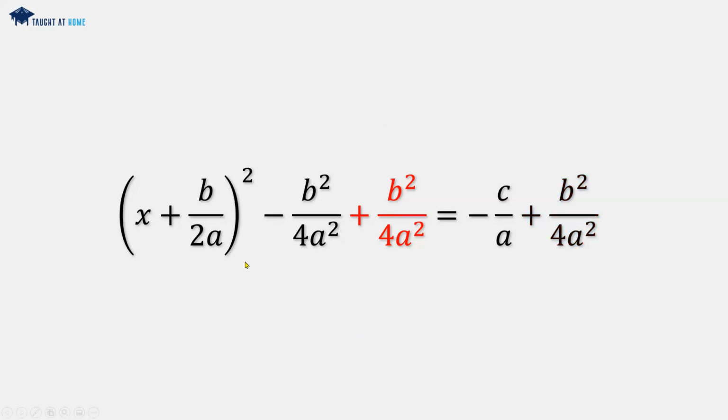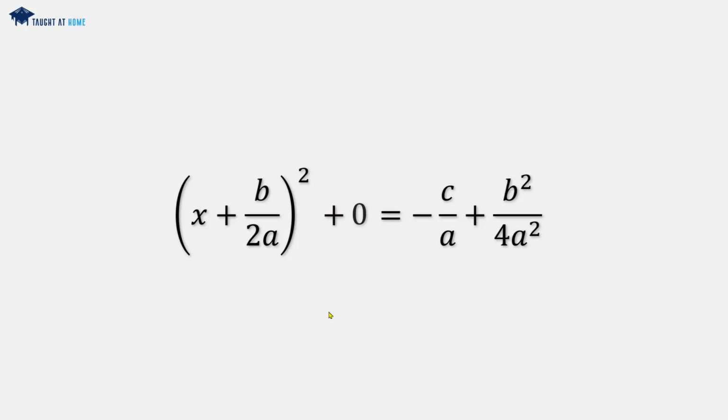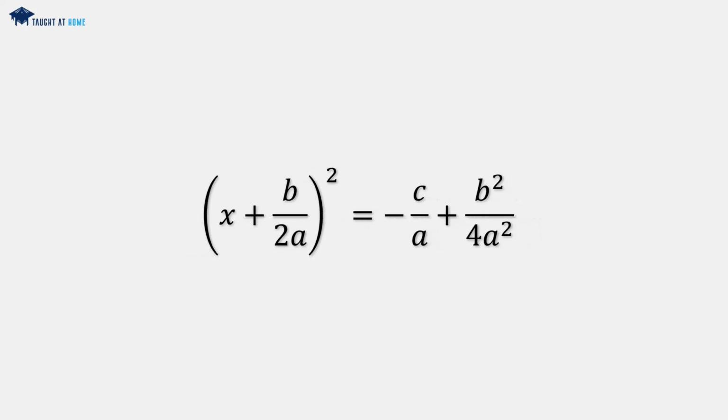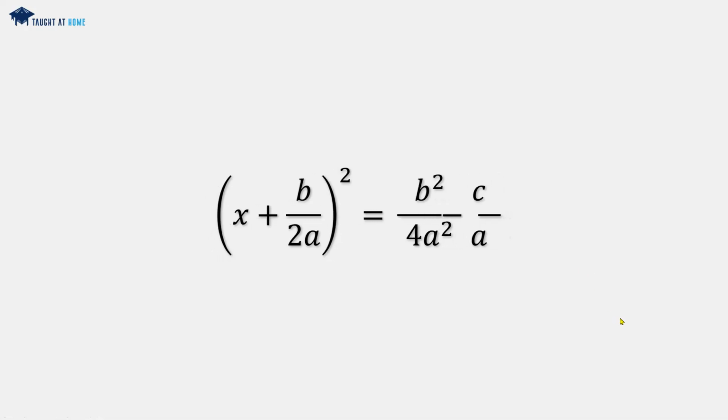And now these cancel out. Alright, so we're not too far there. We've got minus c over a plus b squared over 4a squared. We can just shuffle this around, so we've got the b squared over 4a squared fraction leading.